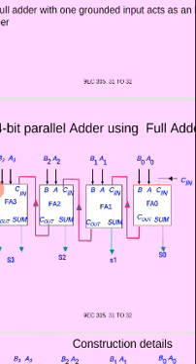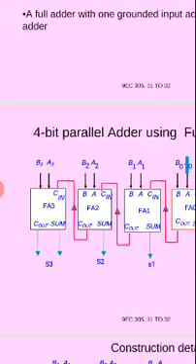For full adder 0, A0, B0 bits are allocated. In full adder 1, A1, B1 bits. For full adder 2, A2, B2 bits. For full adder 3, A3, B3 bits are assigned.